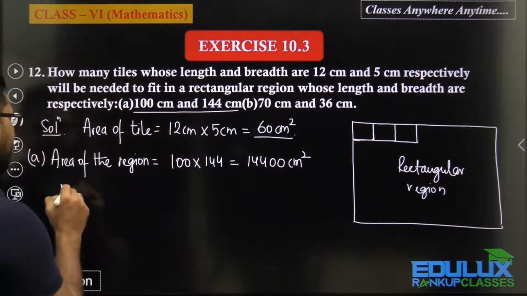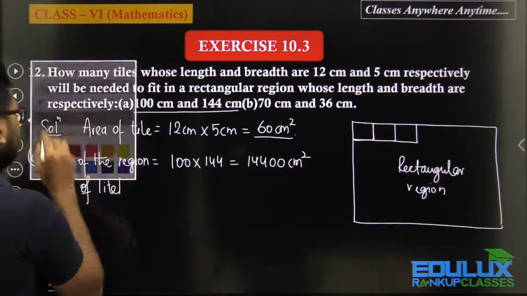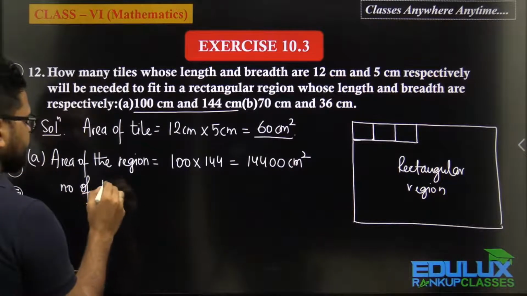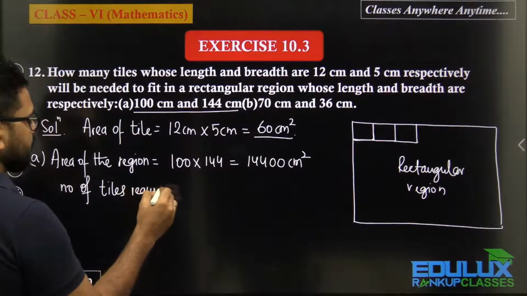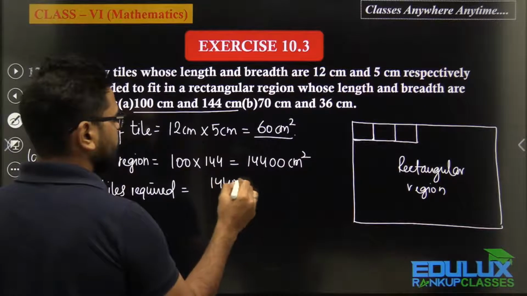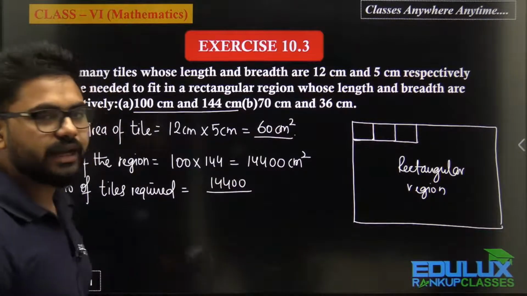So the number of tiles, we have done some questions like this before, so we can directly write: number of tiles required is equal to the area of the region divided by the area of one tile.